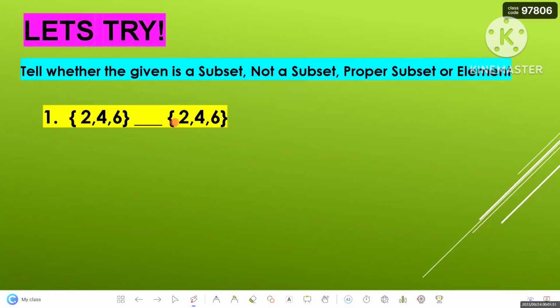As you can see, parehong-pareho sila. What do you think is the answer? This is a subset. Bakit? Kasi yung laman niya ay kaparehong-kapareho sa laman niya. Let's say this is set A, kaparehong-pareho siya sa set B. Hindi ba yung kanina, yung common elements nila inilalagay natin sa loob? So that is a subset.